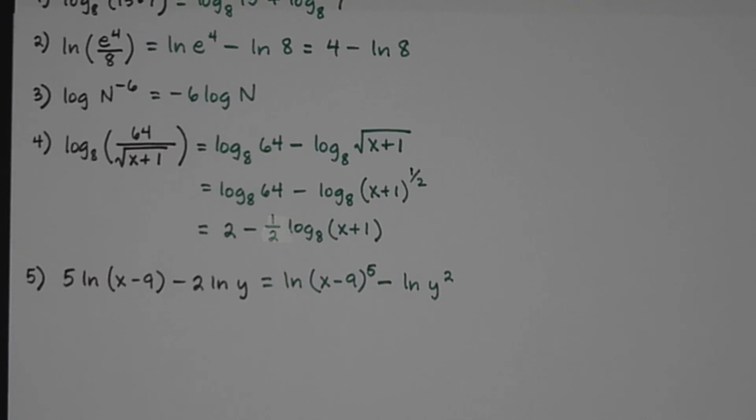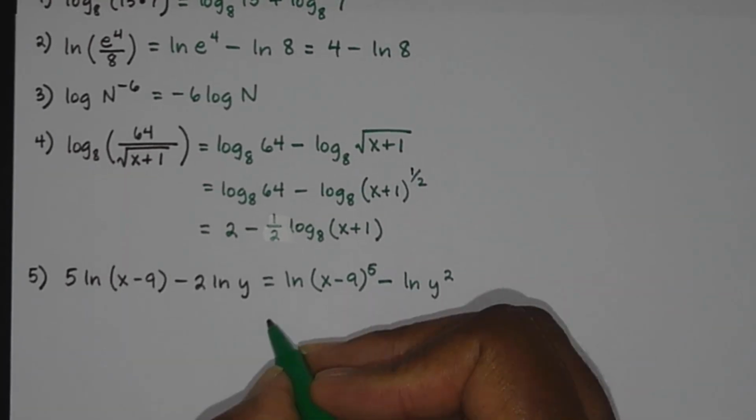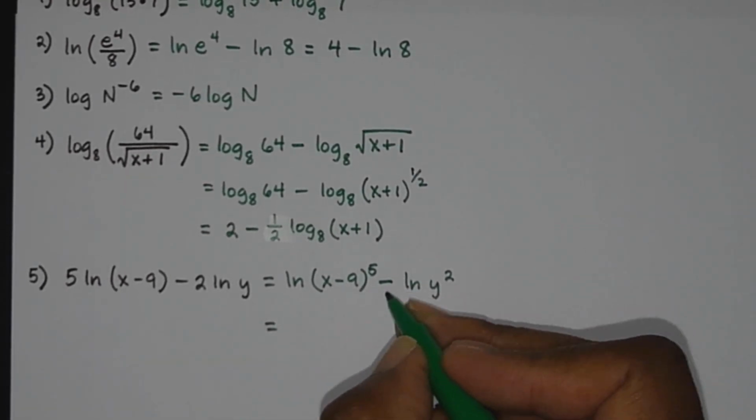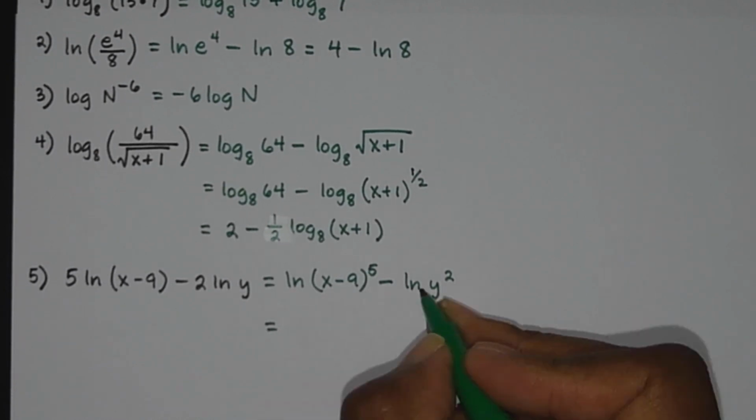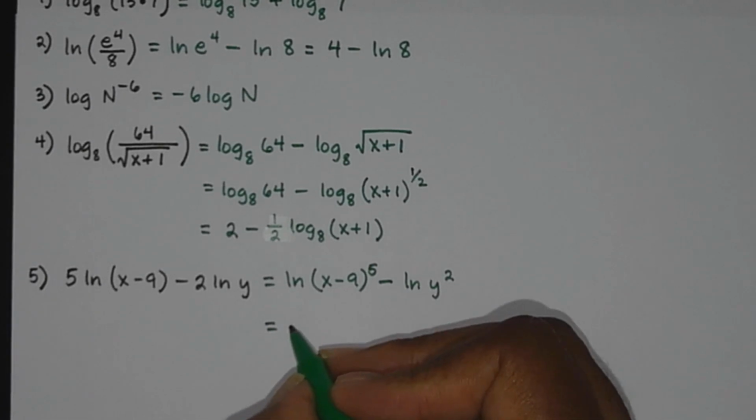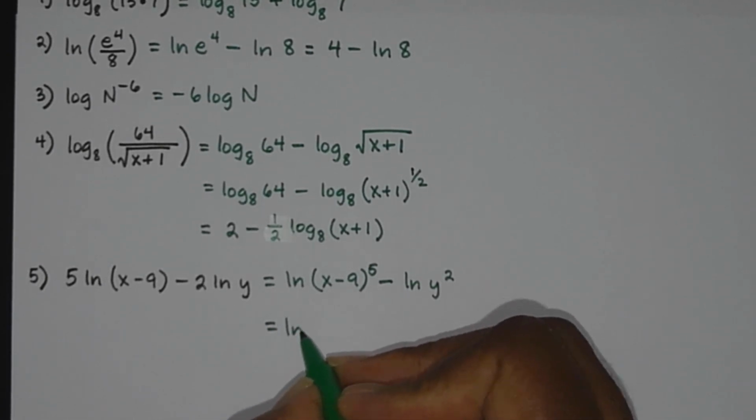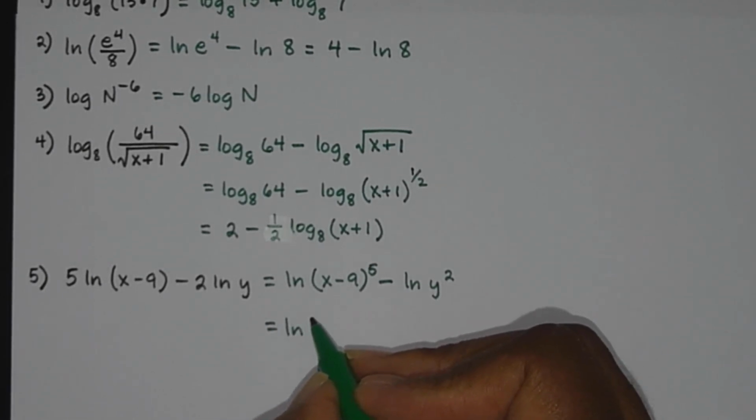Everyone see that? Here I'm just going backwards. All terms have to have a coefficient of 1, so you must use the power rule first, and then use either the product or the quotient rule. What rule can I use here? Quotient, because notice I have a minus sign between the natural logarithms. I have the difference of the natural logarithms. I can write that as the natural log of the quotient.